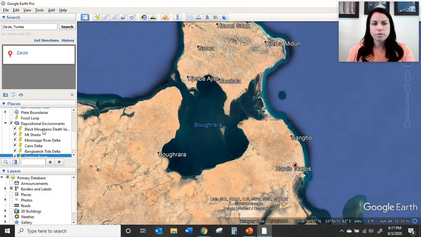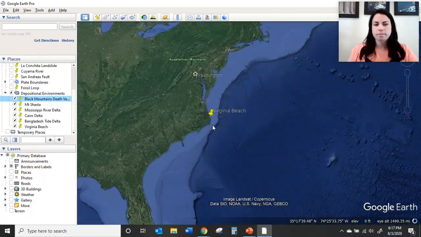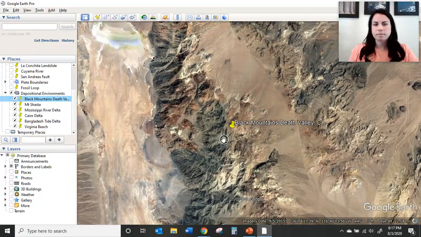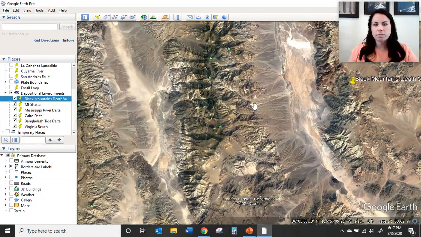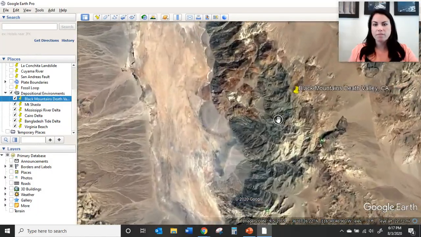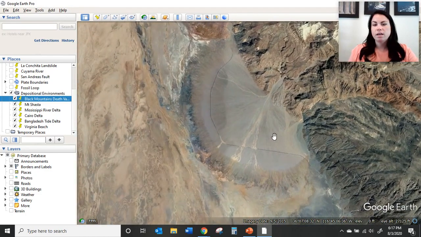And if we go to Death Valley, you can see here that on the edge of where we are in the Black Mountains of Death Valley, if I zoom in, here's an example of an alluvial fan.